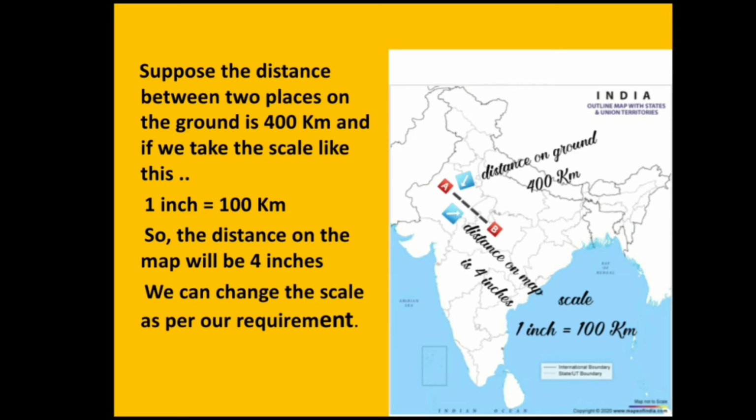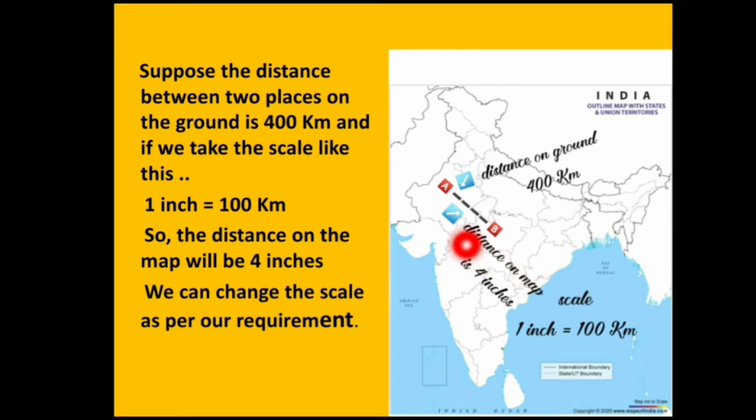For example, here on the map you can see this A and B. They are two places, and the actual distance between A and B on the ground is 400 kilometers. But we cannot show this 400 kilometers on the map, so we are using the scale 1 inch is equal to 100 kilometers.